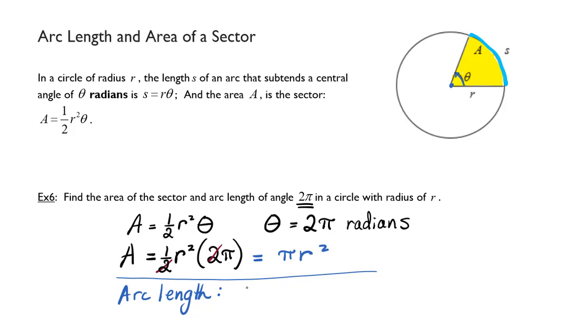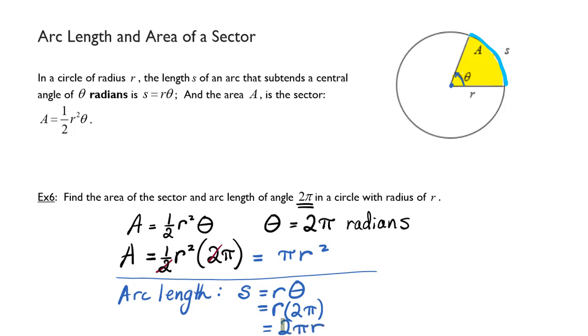To find the arc length, we say s equals r times theta. And again, remember that theta is in radians. We would substitute r for r, and theta would be replaced with 2 pi. So if we rewrite this, it would be 2 pi r.